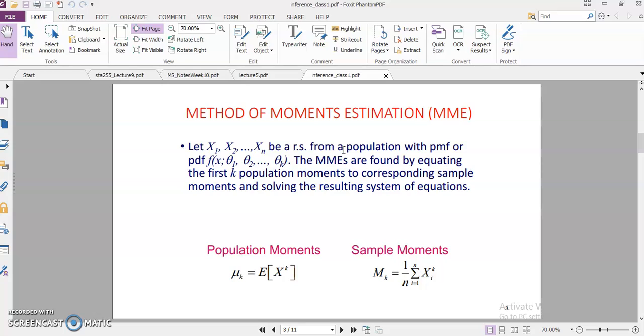So what is the method of moments? You have already studied moments and how to generate the moment generating function, and also the raw moments and central moments. From the raw moments we obtain the central moments. The central moments are the description of the distribution. The first central moment mu1 is equal to the mean.